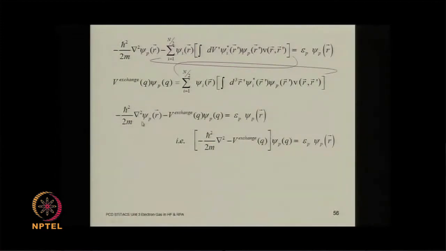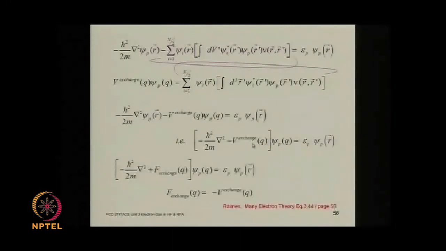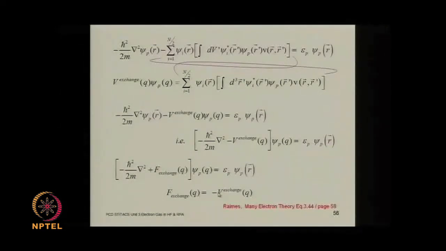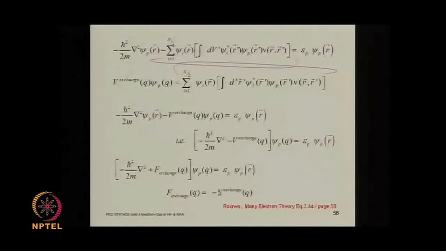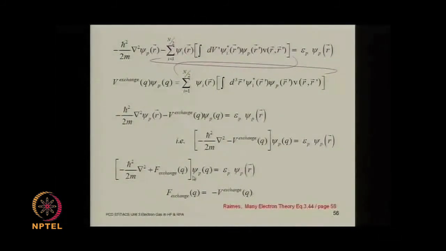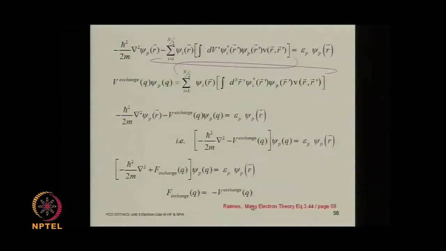So, you have the minus V exchange term, and instead of this minus V exchange we use the notation F instead of minus V. That is a small notational compromise we make to bring our expressions in line with what we find in the book by Reims.